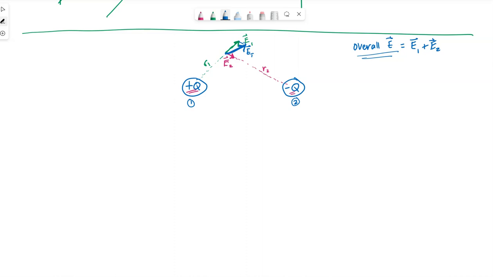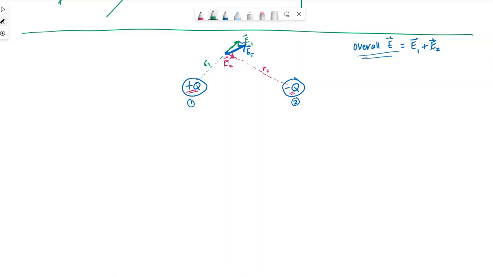When we draw that vector, we just mean at this exact point in space, that is the electric field. That's the strength and direction. And we could find the force on a charged particle that was at that location.